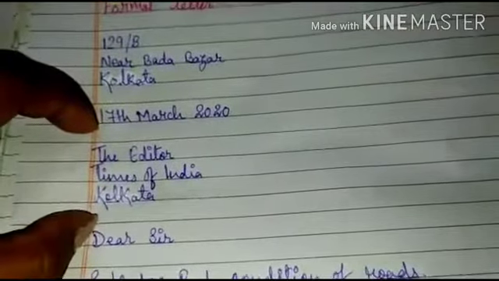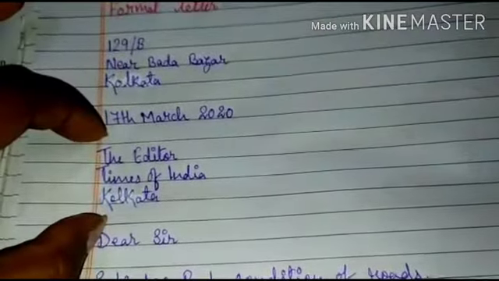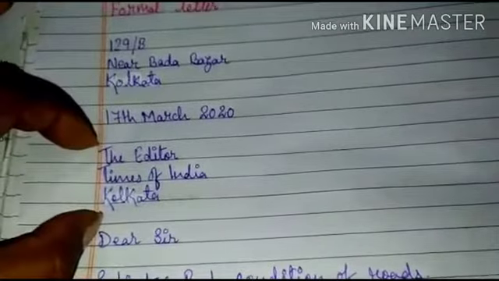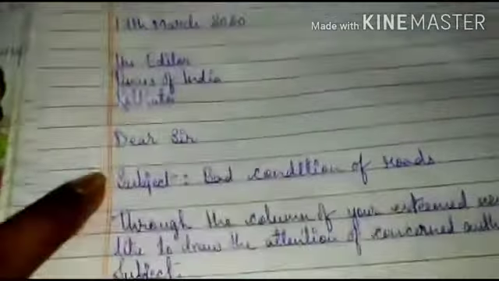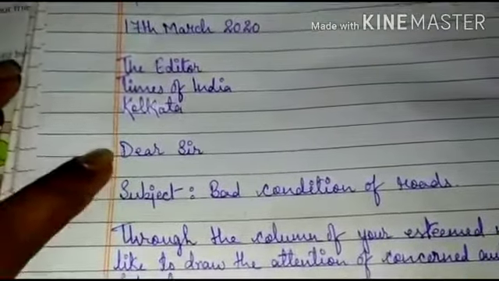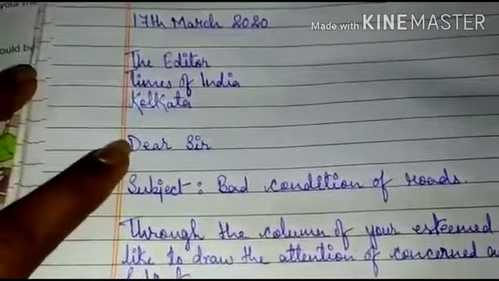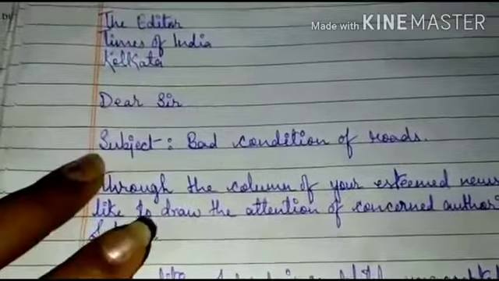Next we have the address of the receiver. So to whom we are writing? To the editor of Times of India, Kolkata. Now here comes the salutation. Dear Sir, leave one line, then the subject.